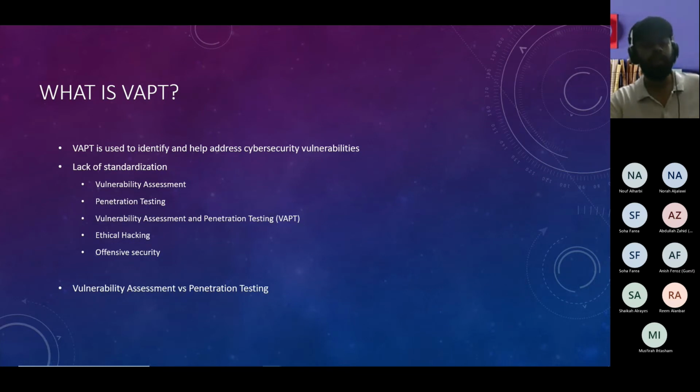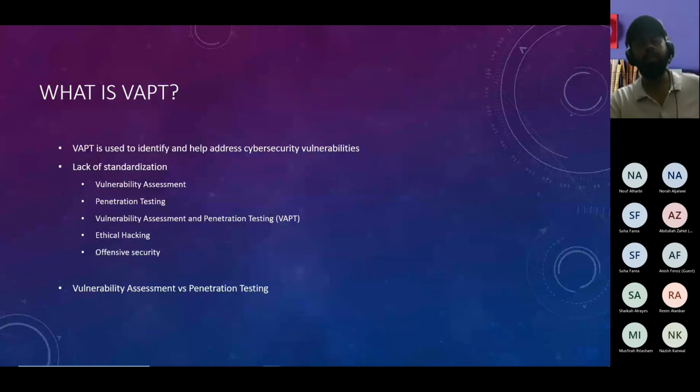What is happening in the industry is that a lot of customers come to us wanting penetration testing, but they tell us they need vulnerability assessment, so they are mixing different things. For you, I want to clarify that you should be clear about the service you want.